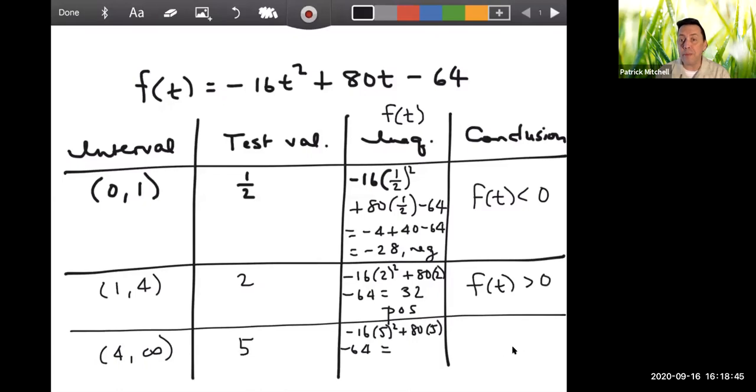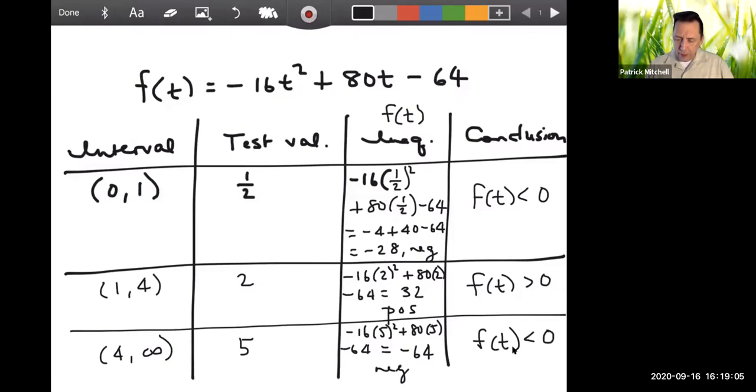Negative 400 plus 400 is 0. 0 minus 64 is negative 64, which is negative. So in that interval, f of t is negative.